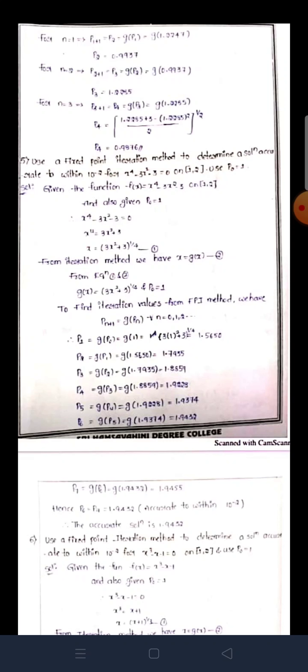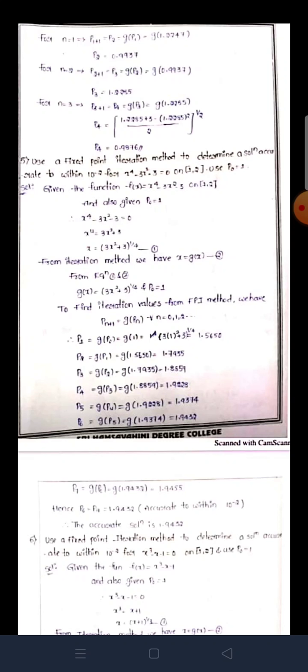Therefore, n equals 1 implies P1 is equal to g of P0 is equal to g of 1 equals (3 into 1 squared + 3) power 1 by 4 equals 1.5650. P2 is equal to g of P1 is equal to g of 1.5650 equals 1.7955.